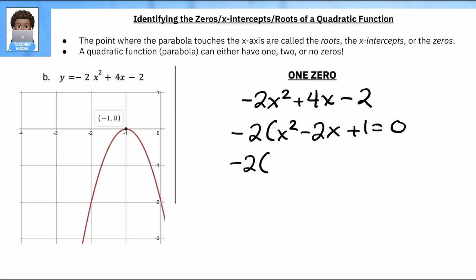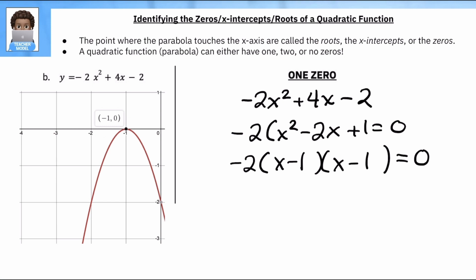Keep that out there. And now we end up having x minus 1 and x minus 1. Again, the only factors of 1 that can get to a negative 2 are negative 1 times negative 1, which stays a positive 1, and negative 1 plus negative 1 gives us negative 2.